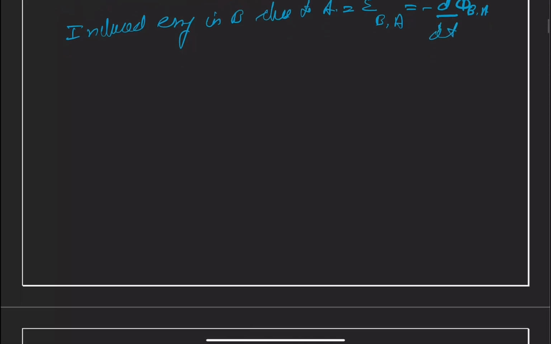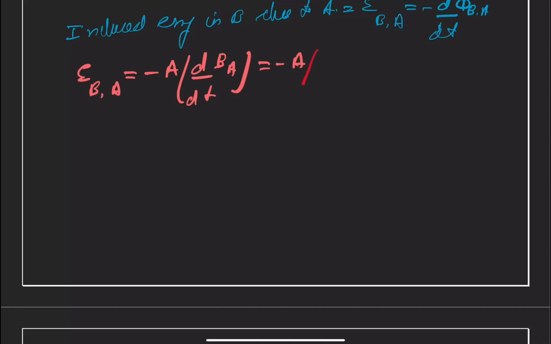We substitute the phi_BA, and we get induced EMF at B because of A will be equal to minus A, and this becomes a derivative of magnetic field of A with respect to time. Now we can just make a little adjustment in this formula.